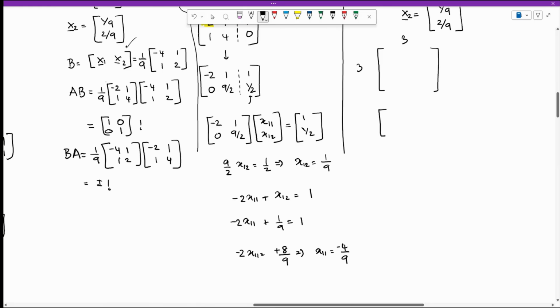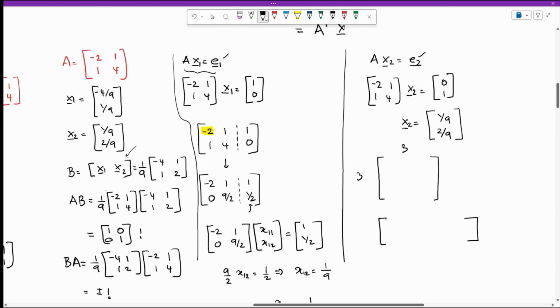Another procedure that I would also suggest is this. Here we had -2, 1, 1, 4. Form an augmented matrix where you put the identity matrix here. Try and convert this to the reduced row echelon form.